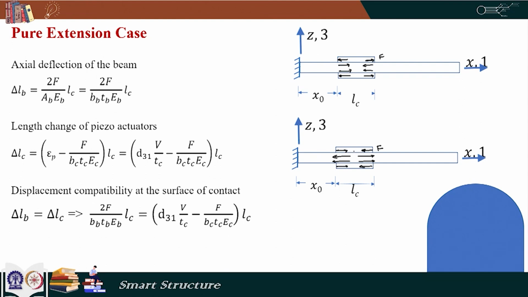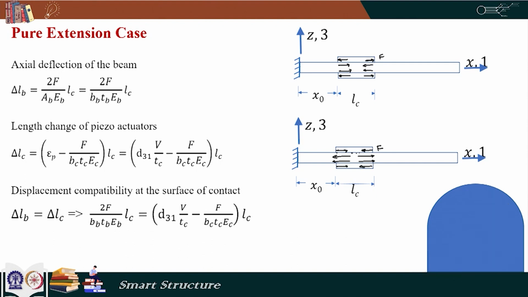The compatibility of displacement we impose, and by imposing that condition we try to find out our unknown actuation force F. So, if we try to do it for the pure extension case, we have to find out the axial deflection of the beam, I mean the expansion or the contraction of the beam at the junction with the piezoelectric patch.